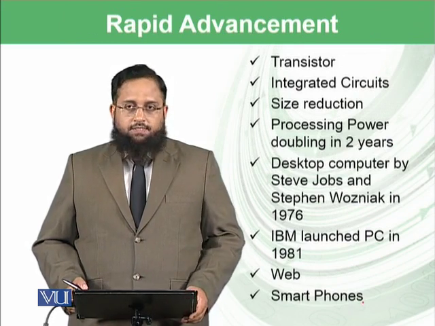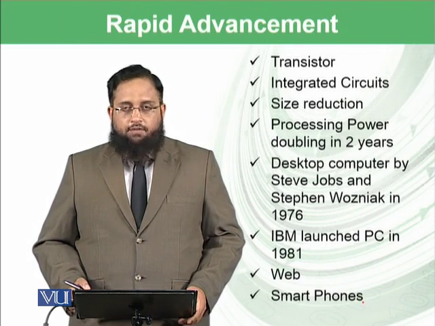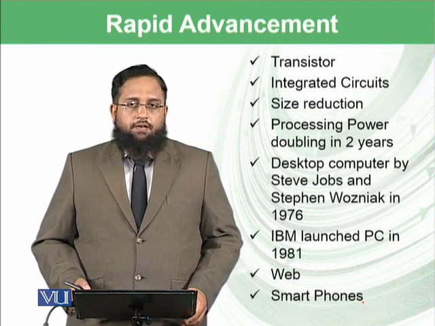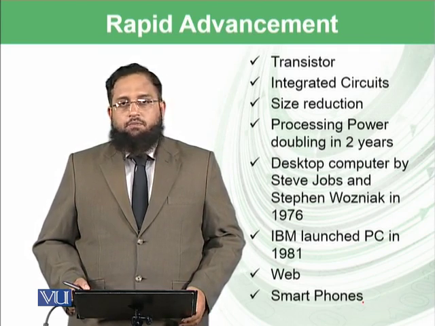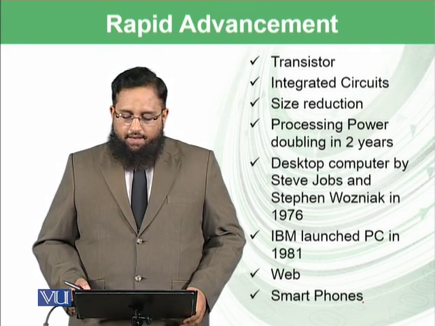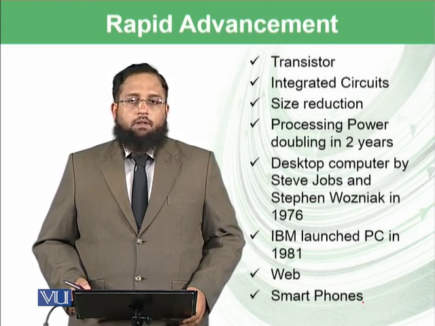After that there was rapid development and advancement in the form of the transistor. The transistor really shrank the size of the computer by replacing vacuum tubes, and with this transistor, 3 physicists got their Nobel Prize.